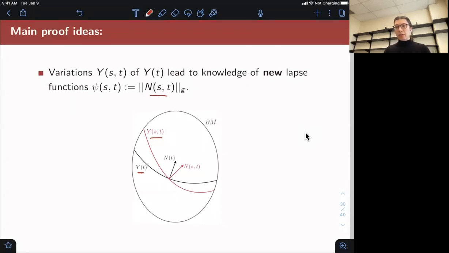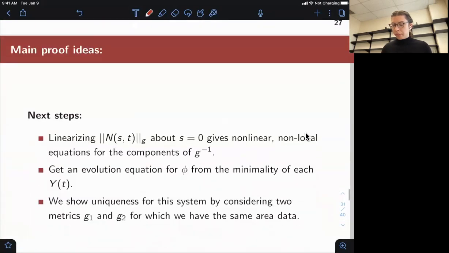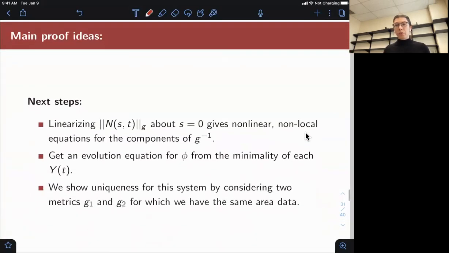All right, so now a lot of hard work begins. I now know all of these lapse functions. Now I want to use this to get equations for my metric components and hope to solve. So what are these next steps? Now I know all of these lapse functions, and I'm going to linearize them in this perturbation parameter s.